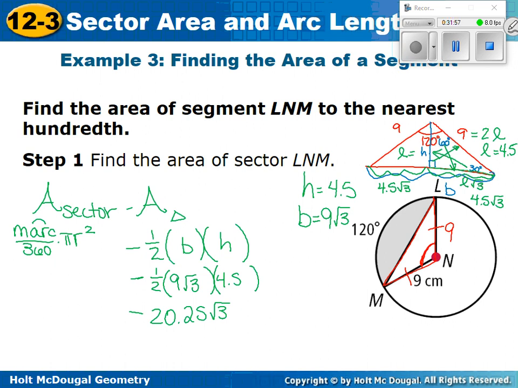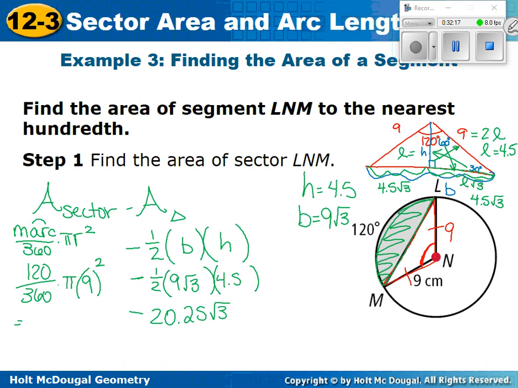So remember, we're looking at this segment here, and we're trying to find the area of that segment. So the arc that corresponds to it is 120 degrees divided by 360 times pi times, what's the radius, Yesenia? 9, and we're going to square it.